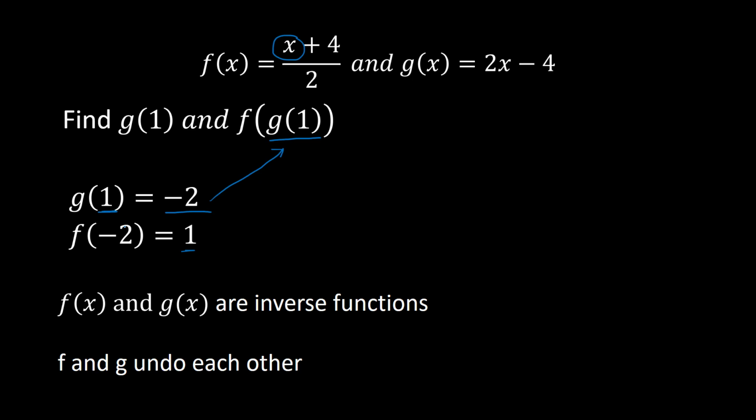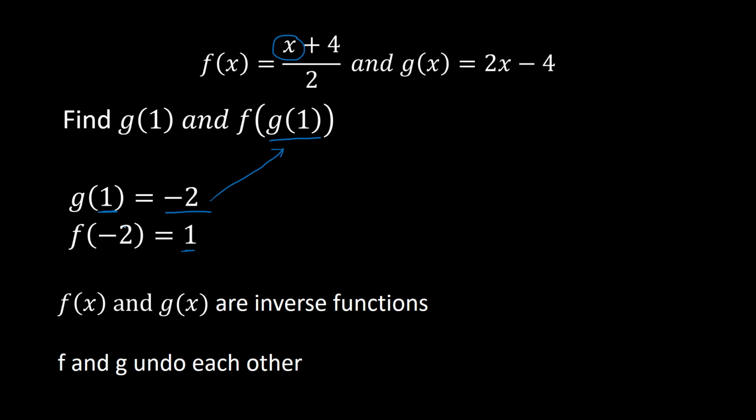Okay? And so with that being said, the question would be, how do we know if a function undoes another function without having to go through each of these different numbers? And it could just be coincidence, right? It could just be, in this case, that the 1 and the negative 2 would undo each other.